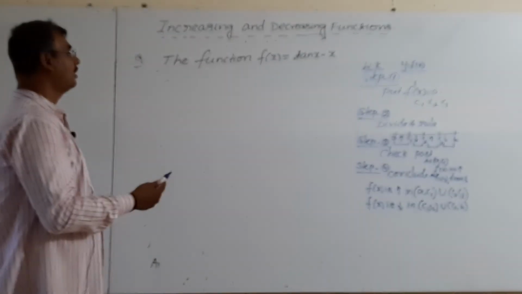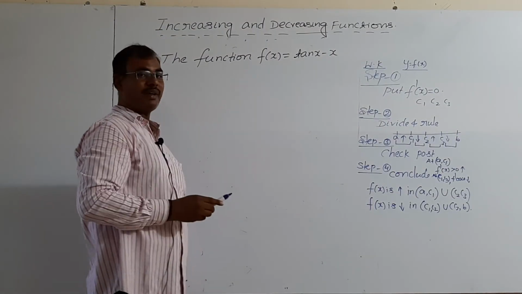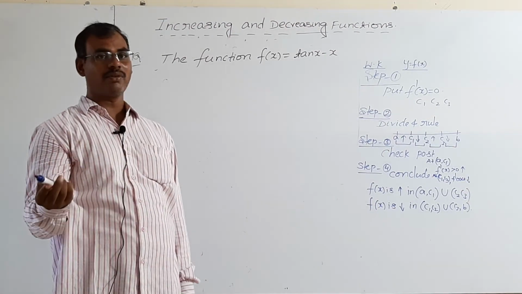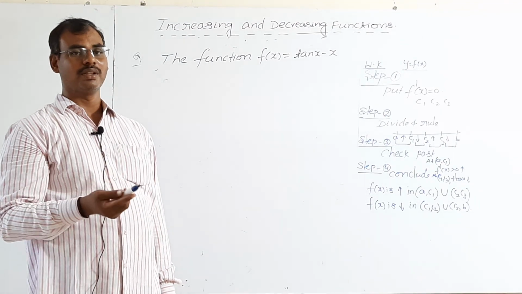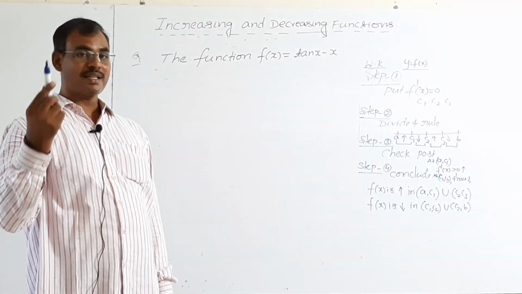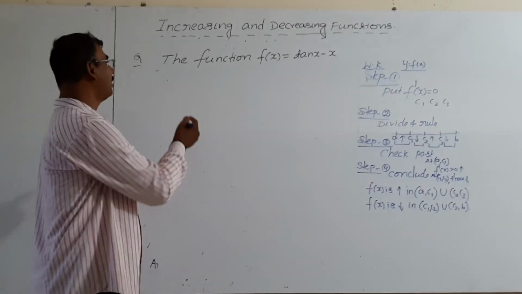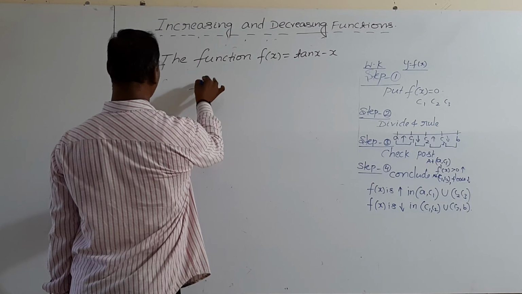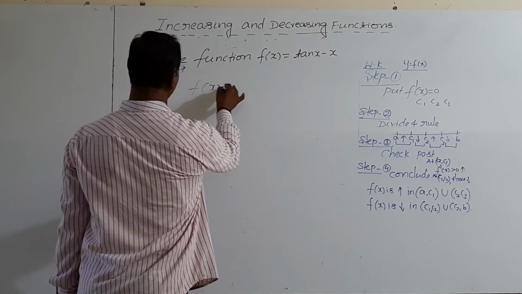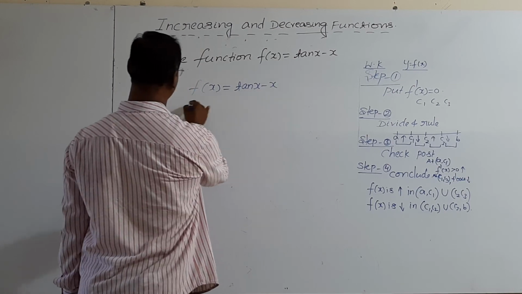Sometimes increases, sometimes decreases. See here, we know that if f dash of x is greater than 0, the function is increasing. If f dash of x is less than 0, the function is decreasing. We know this very well. So simply find the f dash of x value. F of x is equal to tan x minus x.